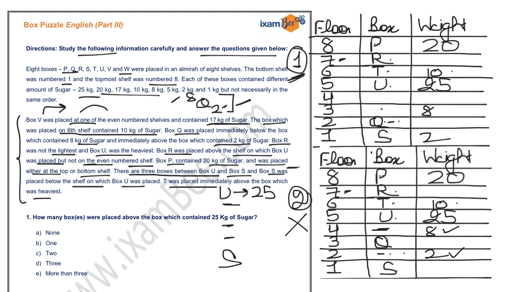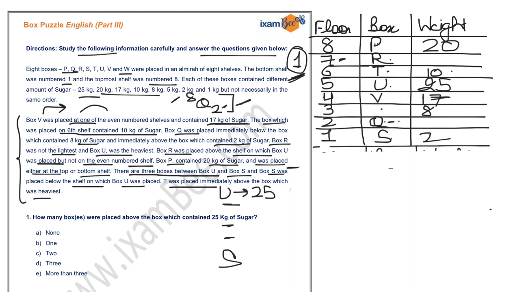So there is no slot for your 17 kg. However, if you look at your case number 1, you can easily place V at 4th position and write 17 over here, right? So this case is valid and second case becomes invalid. Now the only space left is for W, that is at position number 3. So you can write W over here.